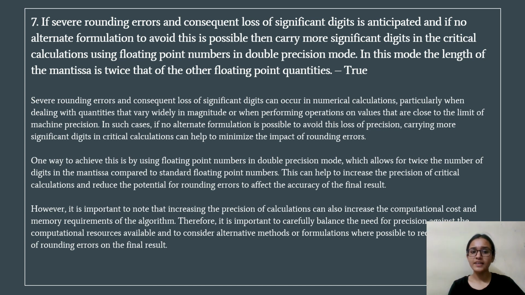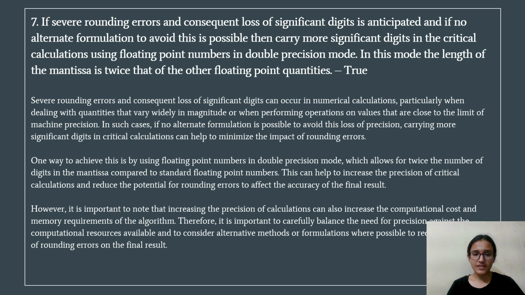because particularly when dealing with quantities that vary widely in magnitude or when performing operations on values that are close to the limit of machine precision, in such cases, if no alternate formulation is possible to avoid this loss of precision, carrying more significant digits in critical calculation can help to minimize the impact of rounding errors.